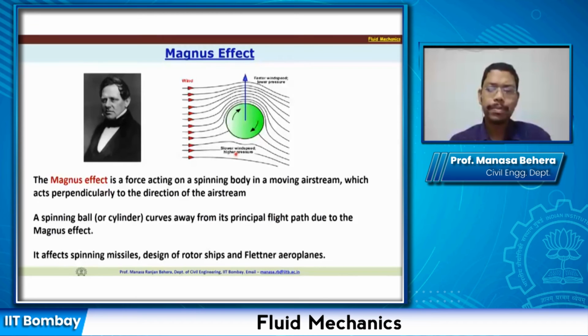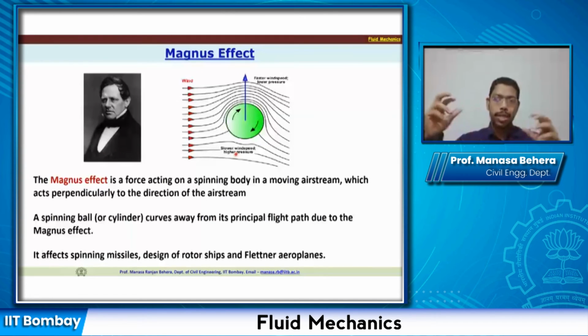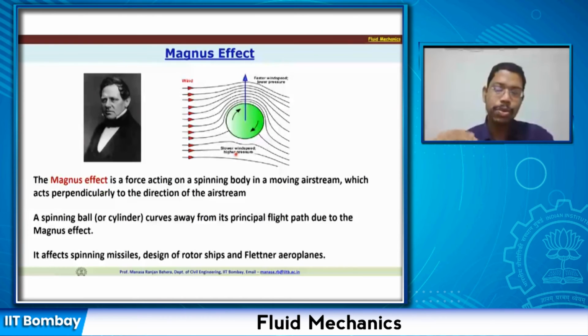There is also a possibility that the same kind of effect is used in various cylindrical motions where the flow is passing through, and because of this lift it can be lifted up and you may have some energy imparted on some system.